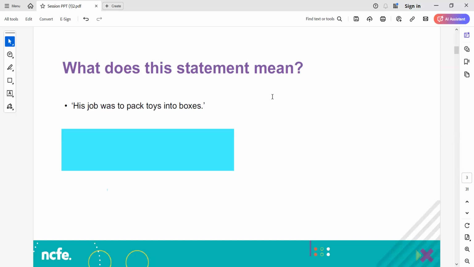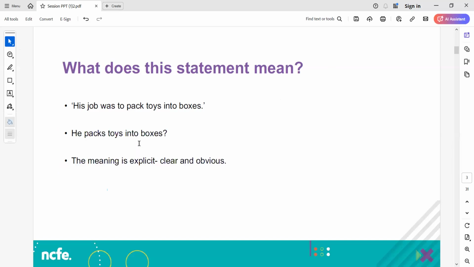What's his job? Is to pack toys into boxes. Yeah, so it's really clear, isn't it? So he packs toys into boxes. The meaning is explicit. It's obvious and clear. Well done.